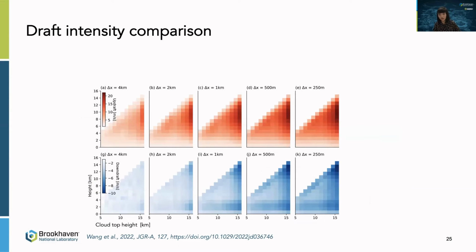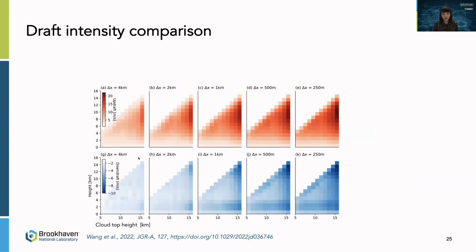To answer that question, we plotted the maximum updrafts on the top panel and maximum downdrafts on the bottom panel as a function of cloud top height and height. This is a similar plot as I've shown you earlier from the observations.